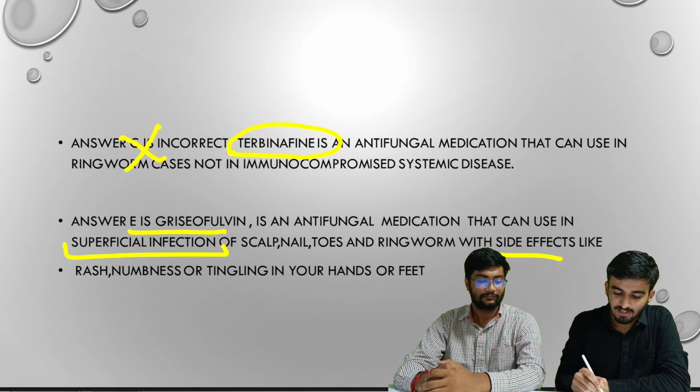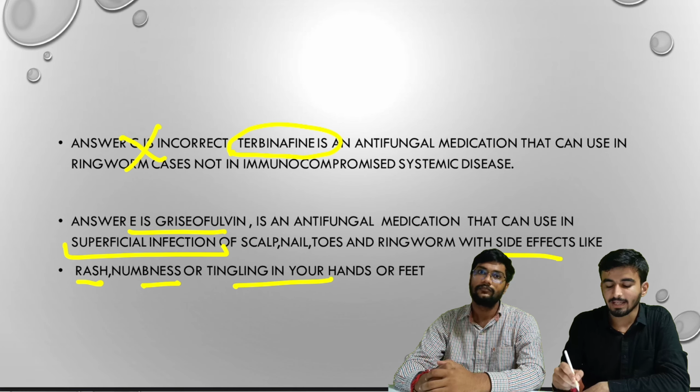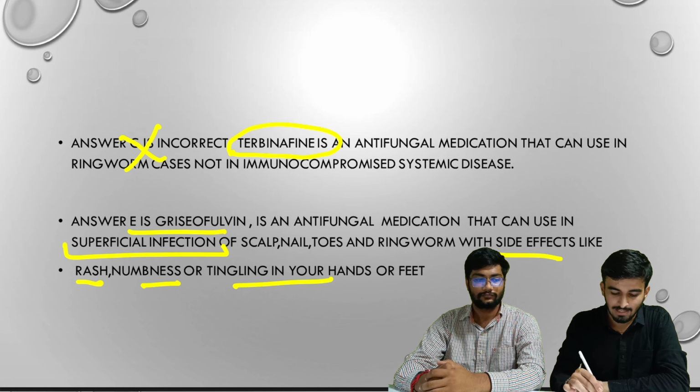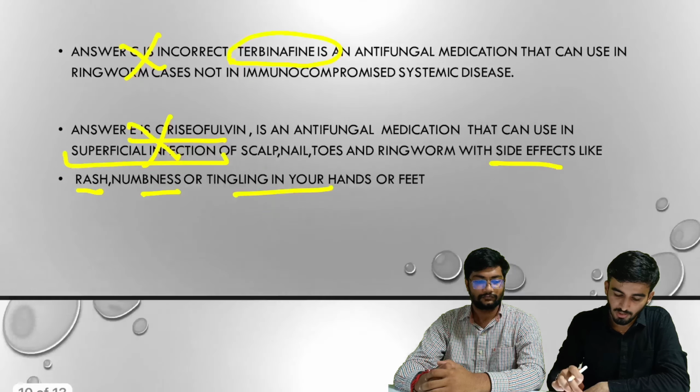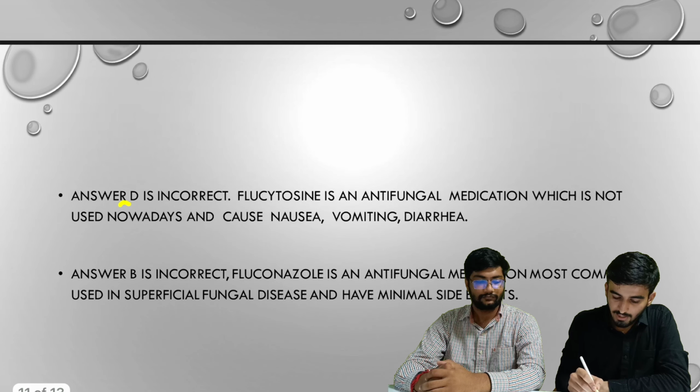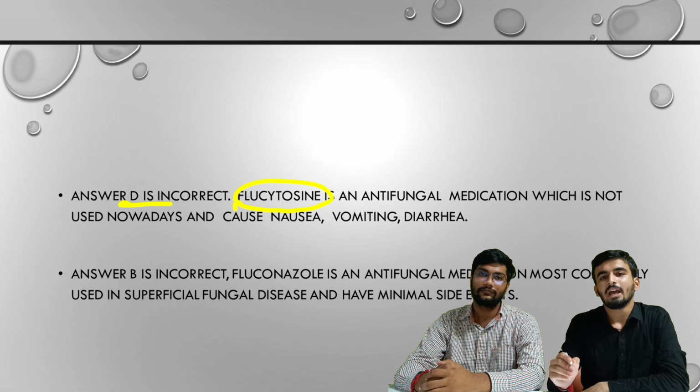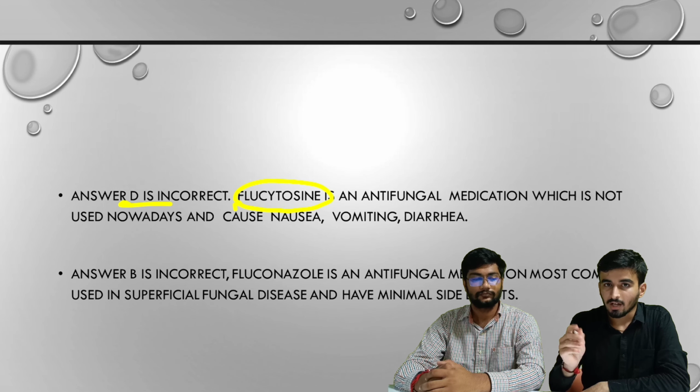Its side effects include rashes, numbness and tingling in your hands and feet. So this answer is also ruled out. Flucytosine is also incorrect because it is a medication which is not used nowadays and rarely cures diseases like opportunistic infection.